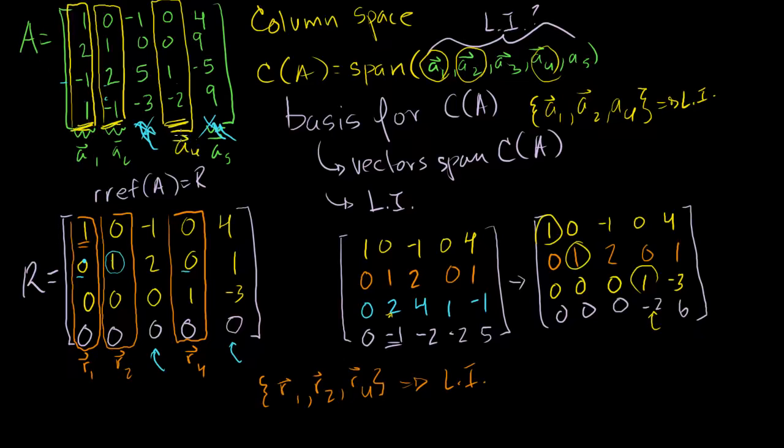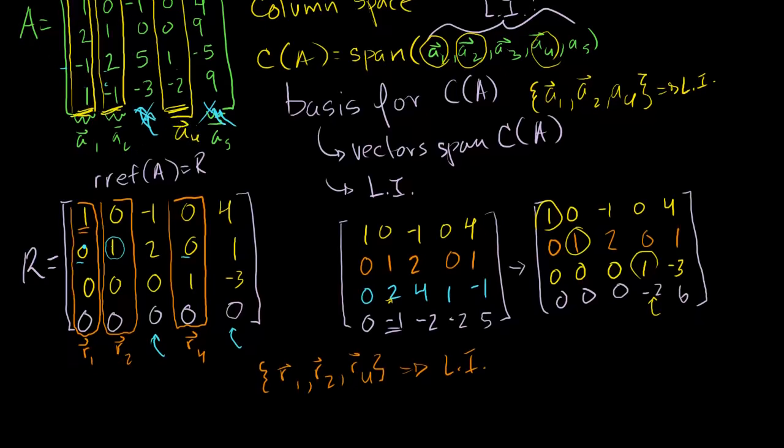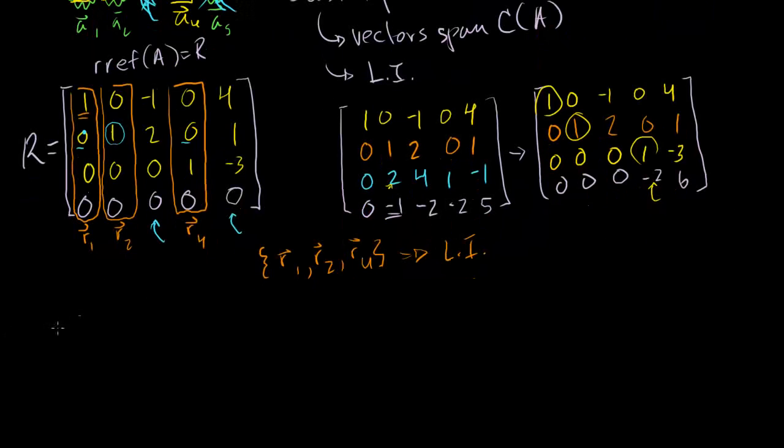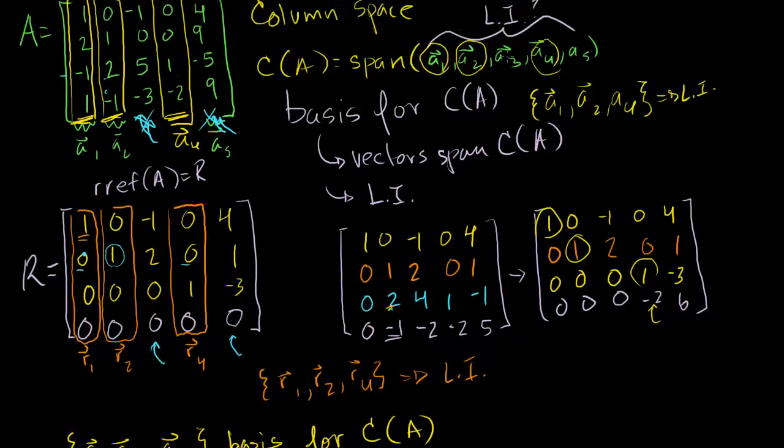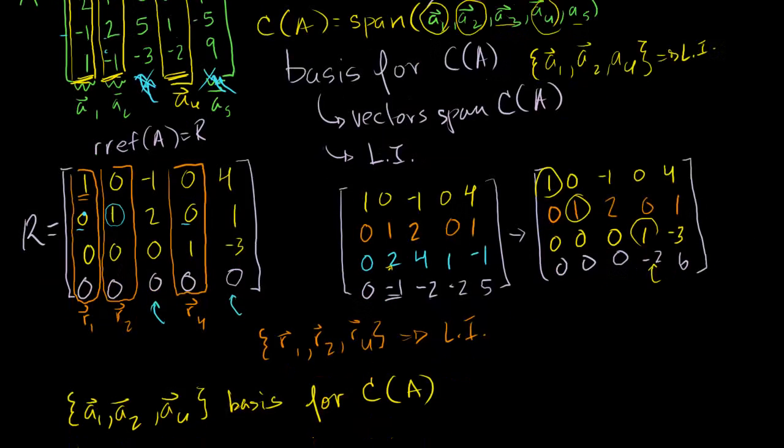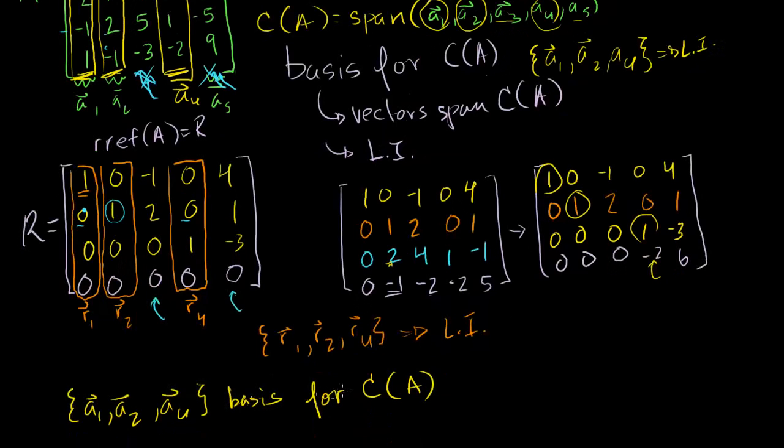And now we can answer another question. A1, A2, and A4 form a basis for the column space of A, because you can construct the other two with linear combinations of our basis vectors, and they're also linearly independent.